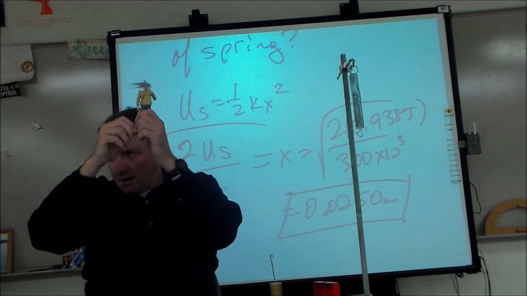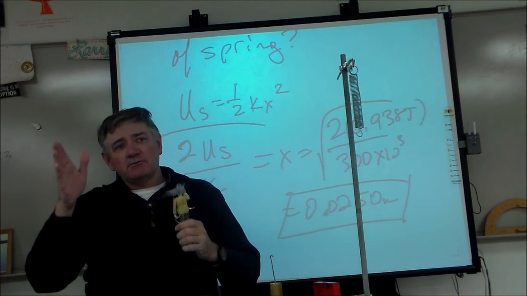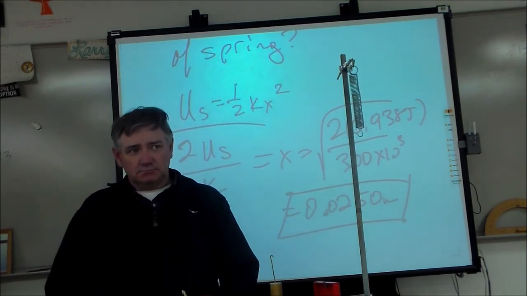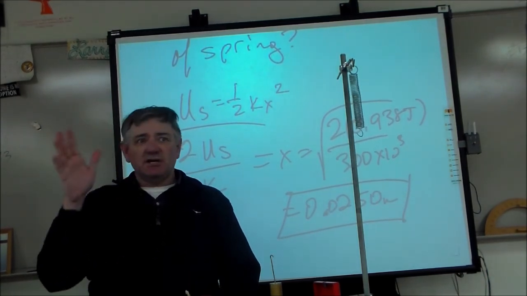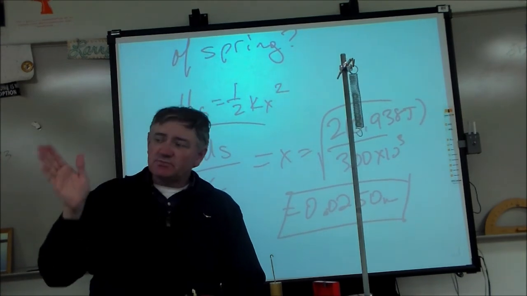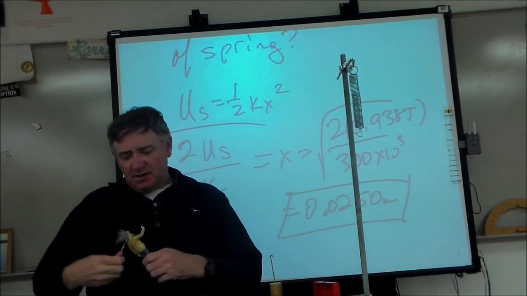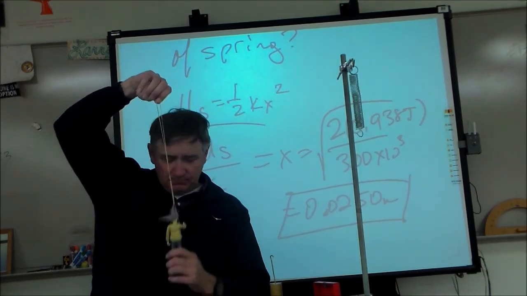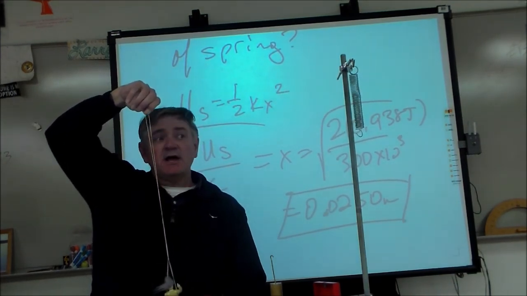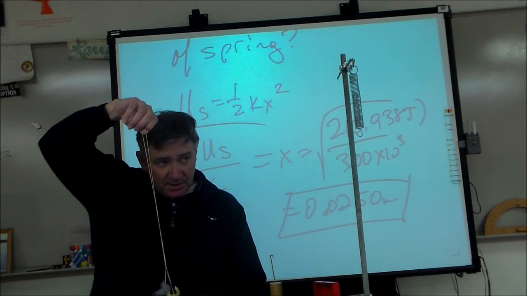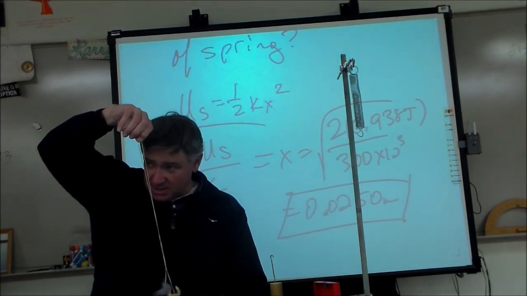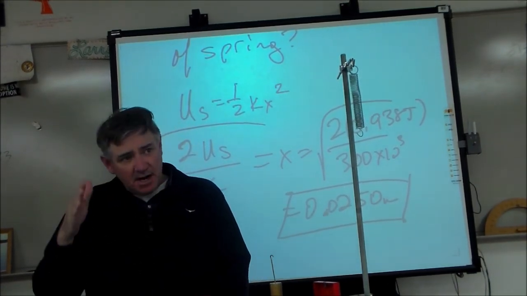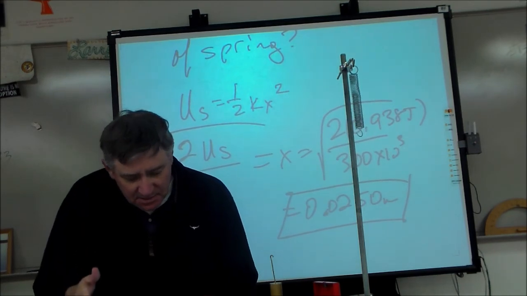How would you calculate that? Just mgh, right? So you kind of have to work backwards. You start at 31 meters down below and find that amount of energy using mgh. That's the amount of energy in the system.